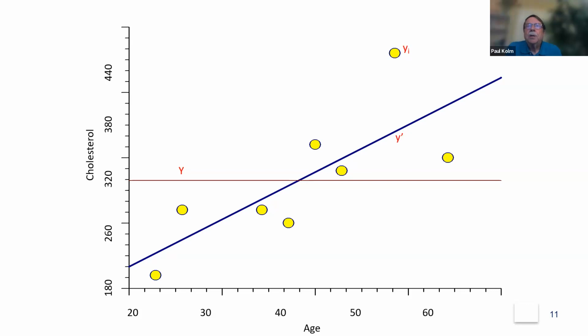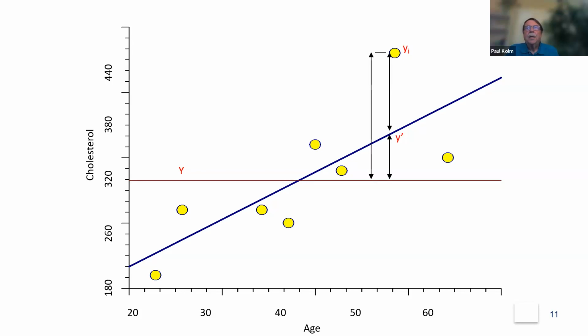And so what we want to do is get the best fit line to represent the relationship between cholesterol and age. And we do that by minimizing the sum of the squared residuals between the observed and the predicted. And so we can look at it this way. If we have the difference between the observed and the mean, you see that we can split that up into two parts. We can split it up into the difference between the regression value, the y prime, and the mean.